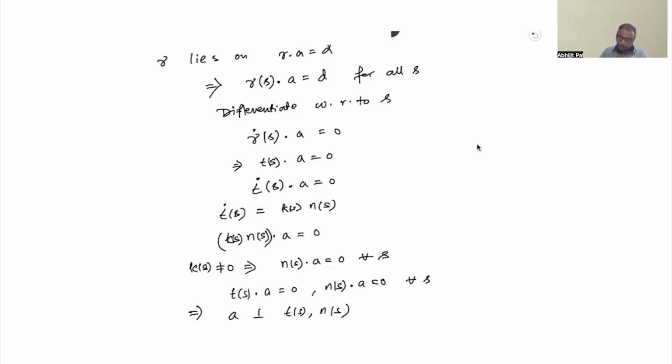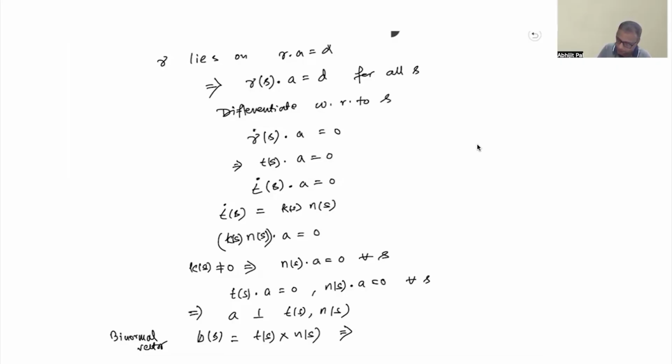Okay. So now if I take this binormal vector B(s), which is nothing but the tangent vector cross product with the normal vector. Because A is orthogonal to both the tangent vector and normal vector, and A is also a unit vector, A will be parallel to this binormal vector B(s).